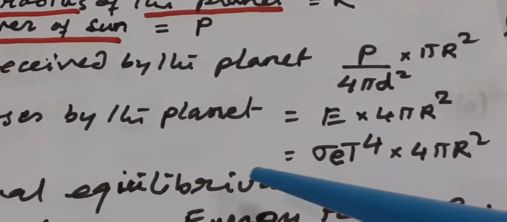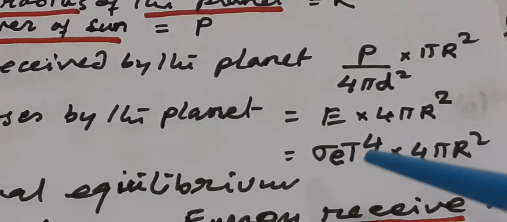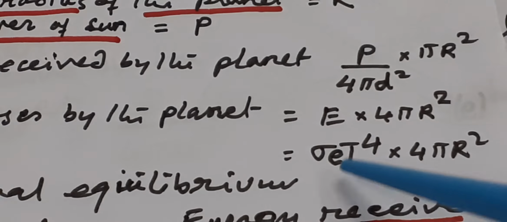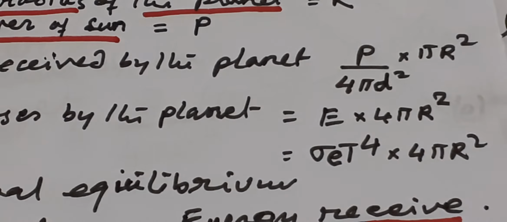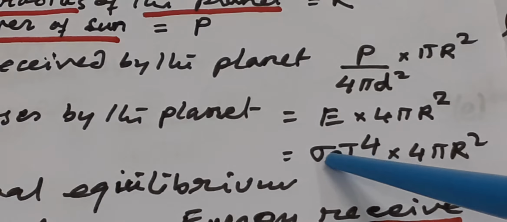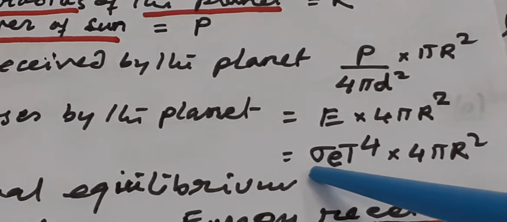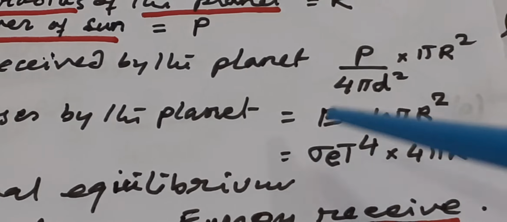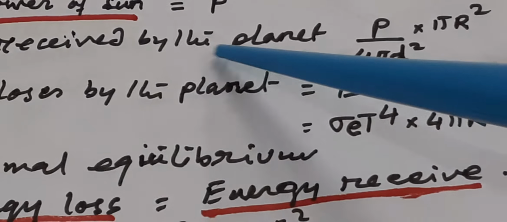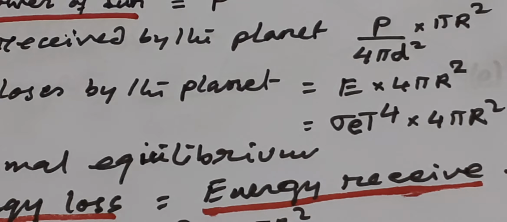That is the expression here. Now the temperature of the planet was given, T. As we are using Stefan's law to radiate out, sigma small e 4 pi bigger r square into T to the power 4 will be the expression for releasing energy from the planet.